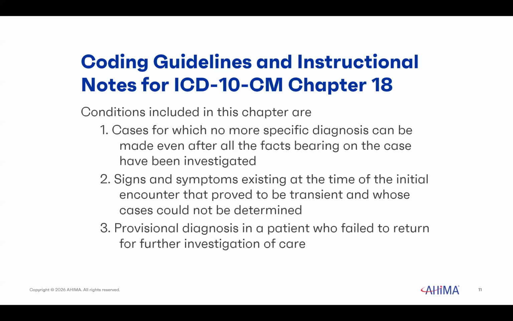If the patient's referred elsewhere before diagnosis can be made, if a more precise diagnosis is unavailable, or if the symptom itself is clinically significant. The big question you have to ask yourself here is, was a definitive diagnosis established?